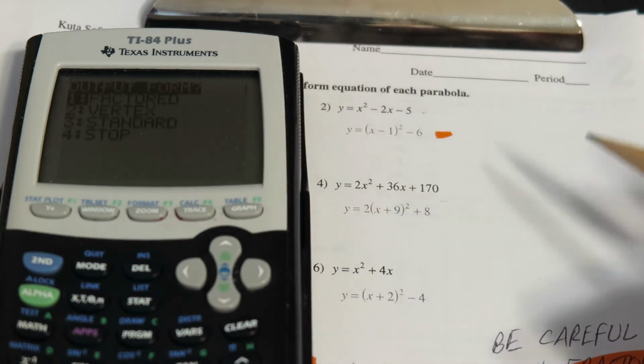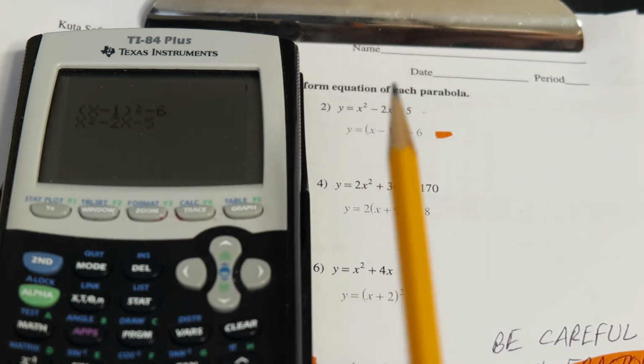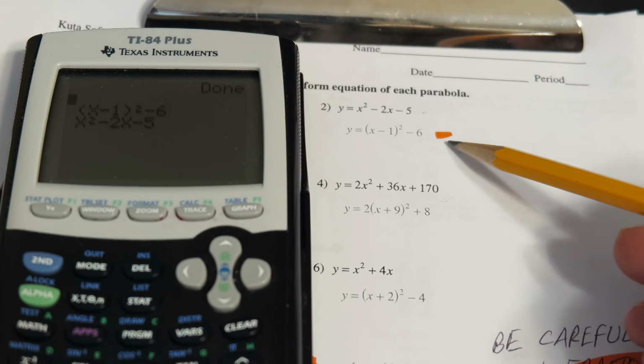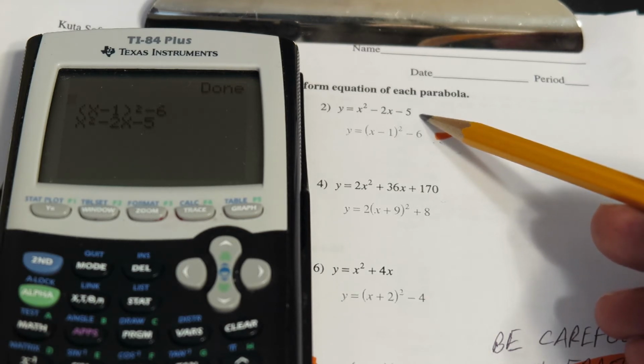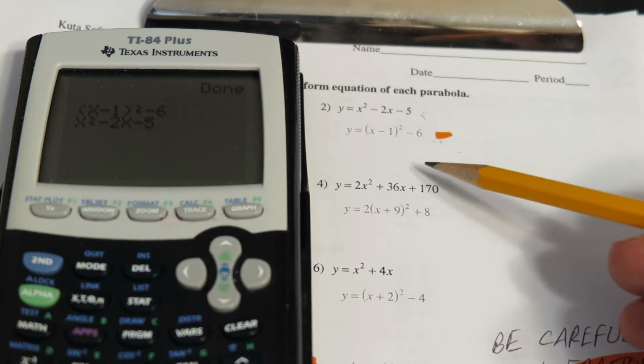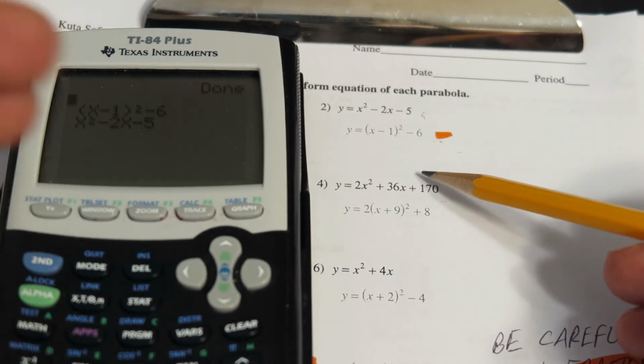Press enter. Now we want it in the standard form, so we're going to choose option 3, and there we have it. It puts in the vertex form, and then it puts it in the standard form.